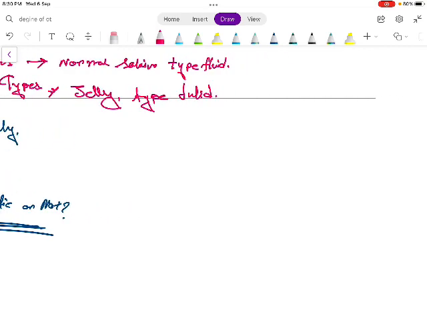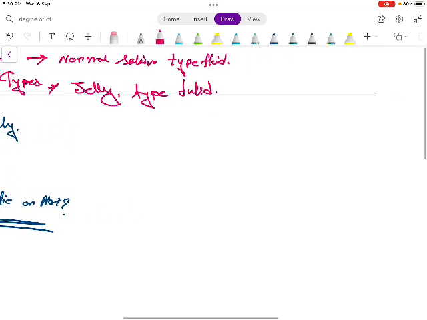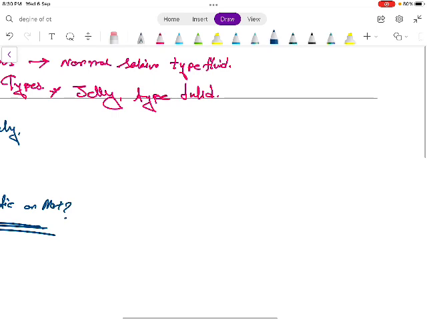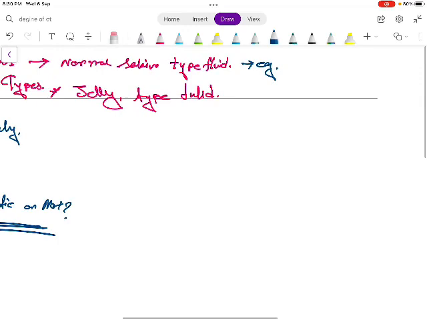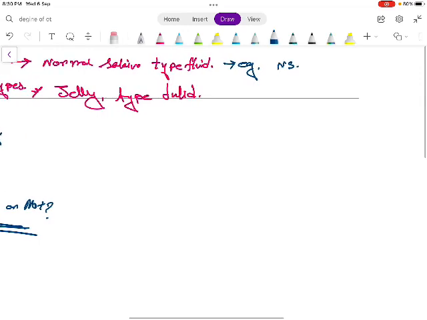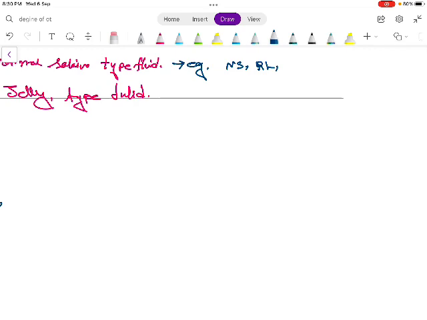So now, what is the normal saline type fluid? We would like to take a look at the examples of the crystalloid type: NS, RL. I have explained some of these fluids in the previous section, that is the NS and RL.